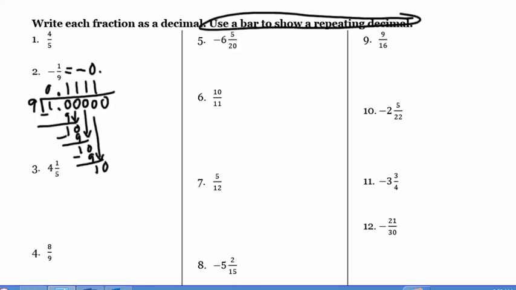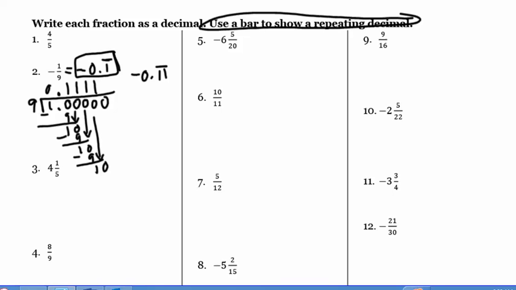Use a bar to show a repeating decimal. So we can just write this as negative 0.1 with a bar just over the 1. Now you also could write this as negative 0.11 with a bar over both of them, but the simplest way is just to write it with the first repeating digit or expression if there are multiple ones.